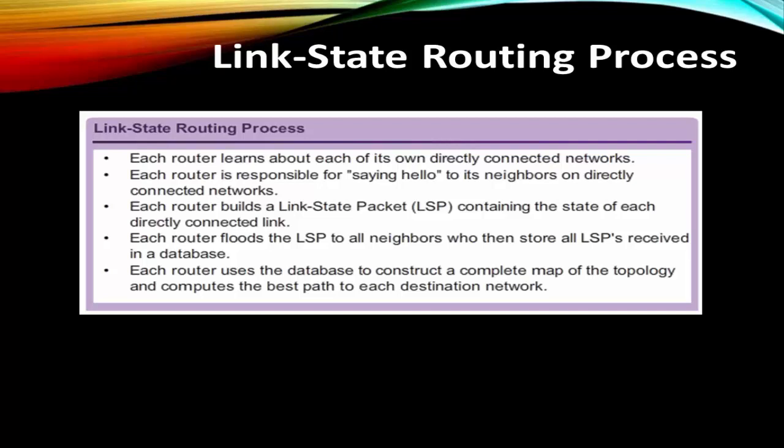Then it floods the LSP to all the neighbors so they can store the data in their database. And then with the database they construct the map of the topology. With each cost, it generates the best path to each destination network.